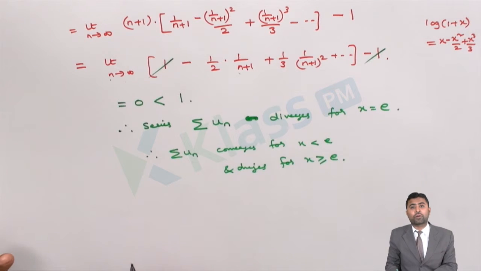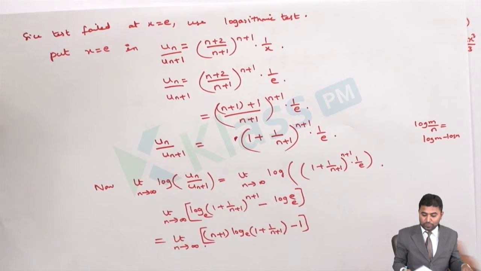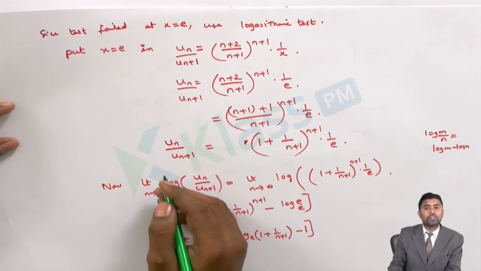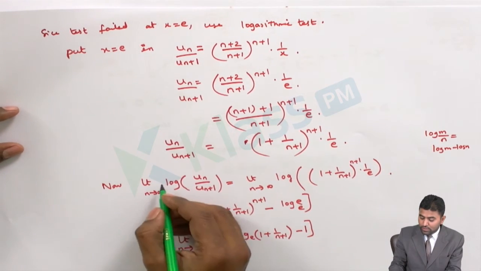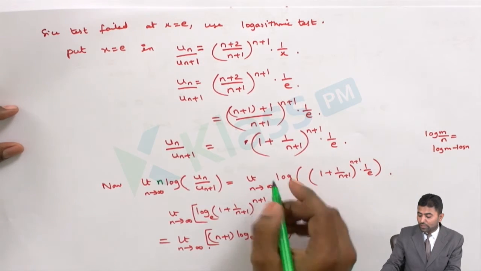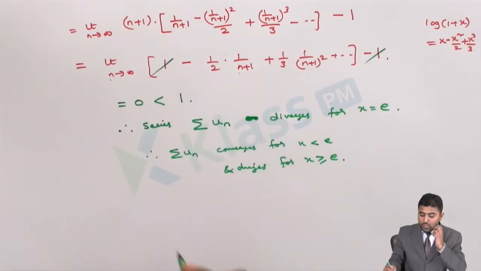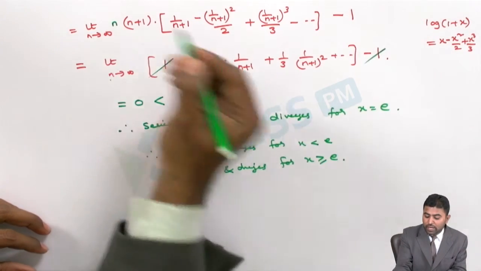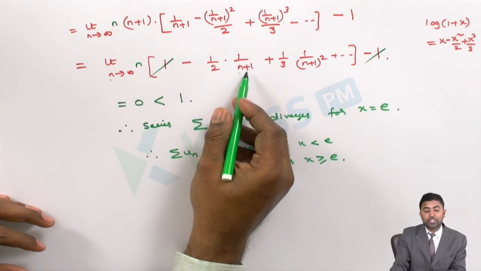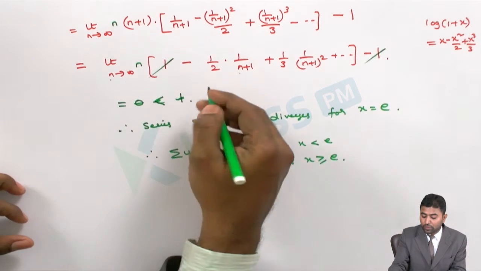Yes, in this we forgot to write that n into log un by un plus 1, sorry. Here I missed n into log un by un plus 1. So I should put n here, I forgot to put that. So I'll have the term n here and n here, because of which I'll have the answer as, small change is there, sorry.